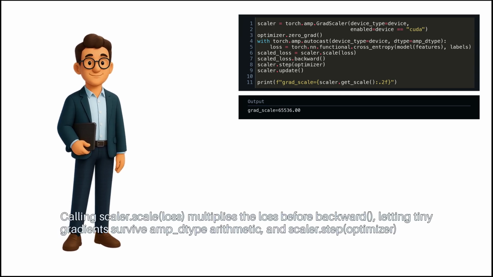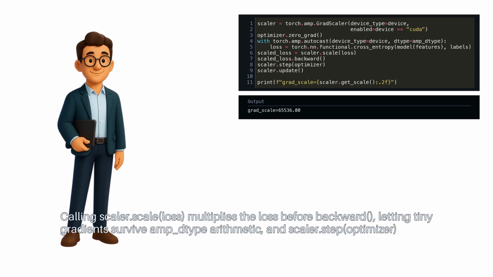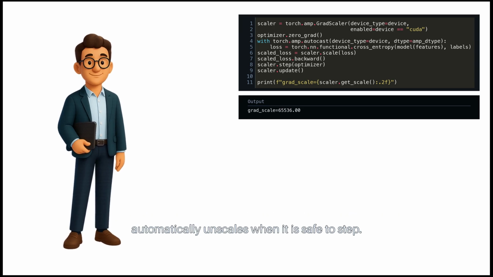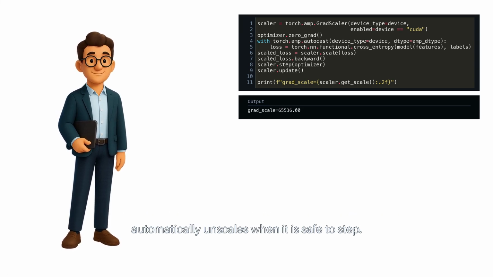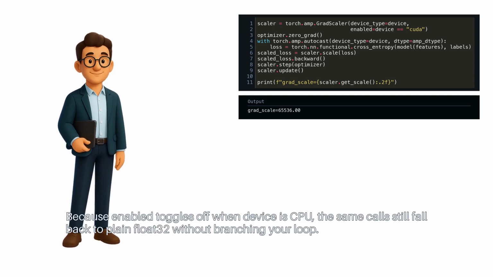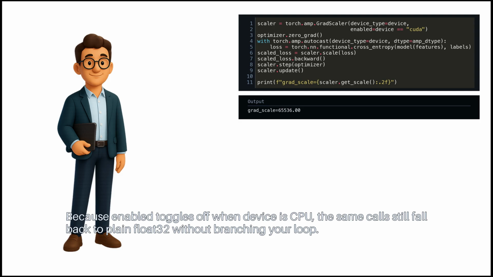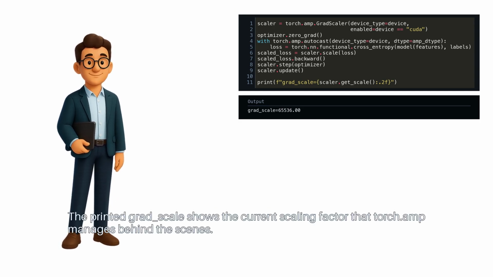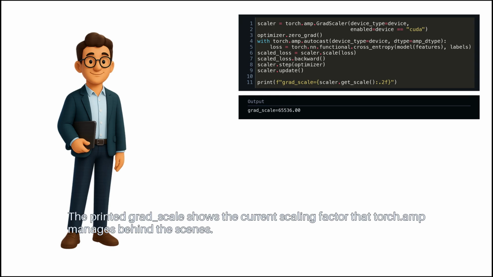Calling scaler.scale(loss) multiplies the loss before backward, letting tiny gradients survive amp dtype arithmetic, and scaler.step(optimizer) automatically unscales when it is safe to step. Because enabled toggles off when the device is CPU, the same calls still fall back to plain float32 without branching your loop. The printed grad scale shows the current scaling factor that torch.amp manages behind the scenes.